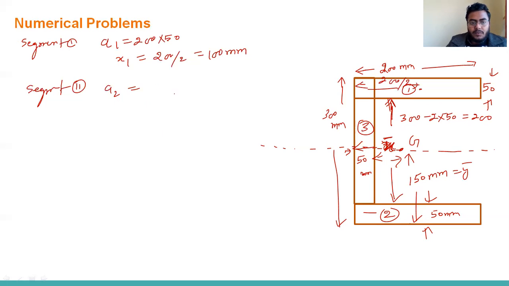So A2 will also be 200 into 50, because segments 1 and 2 are the same. Now segment 3.